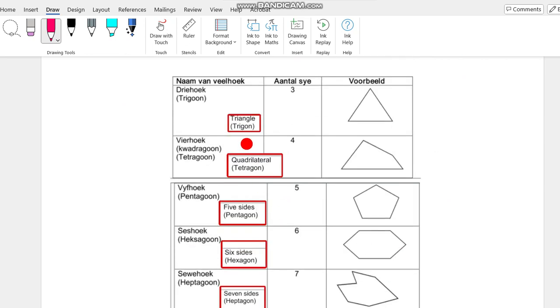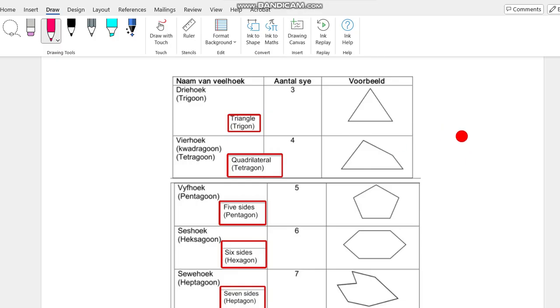Then we'll move on. Now I would like you to write these. You can do these symbols and then put their name and their number with each drawing. Again, the English will be highlighted with red, Afrikaans just plain.